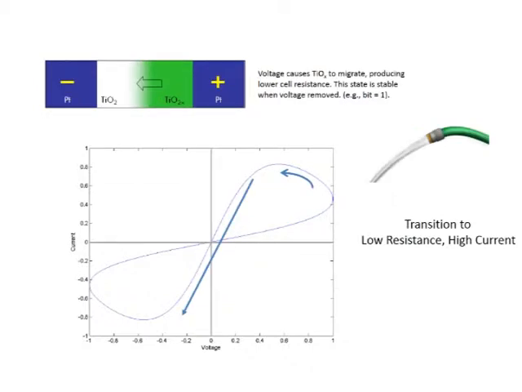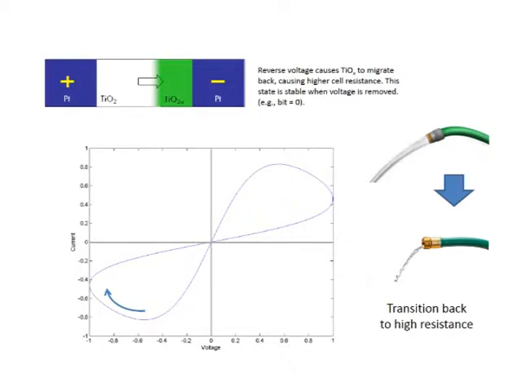When voltage is applied to the memristor, the oxygen vacancies migrate, which causes the device to become more conductive and the resistance to become lower. This resistance value stays the same, even after the voltage is removed or some negative voltage is applied. When an opposite voltage is applied for a period of time, the oxygen vacancies return to their original positions, causing the device to once again have a higher resistance.